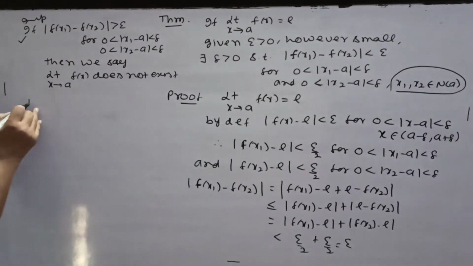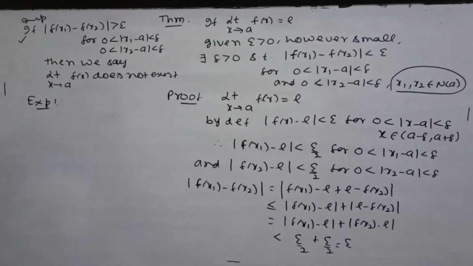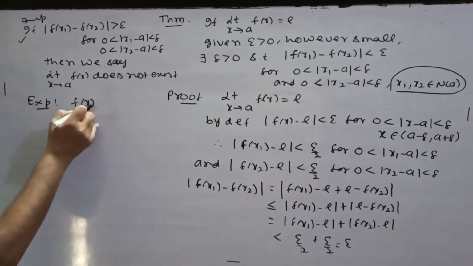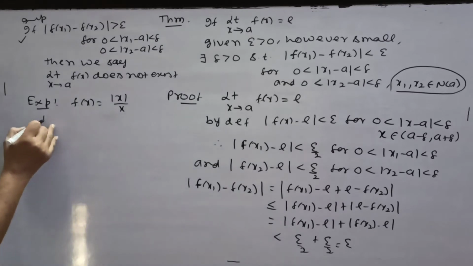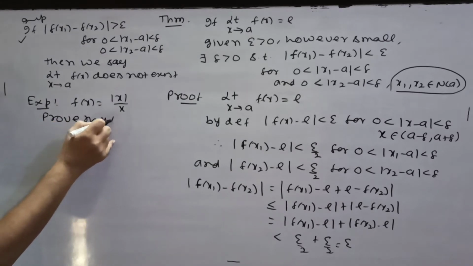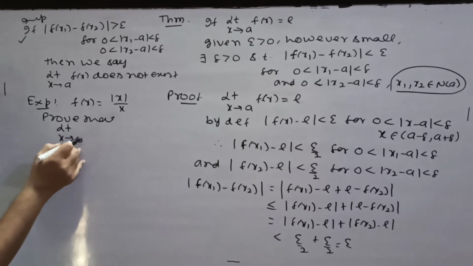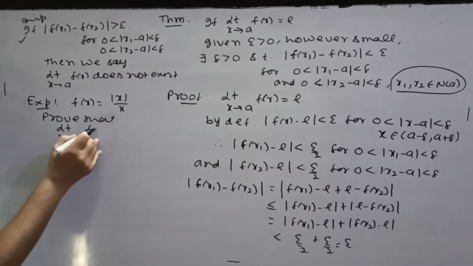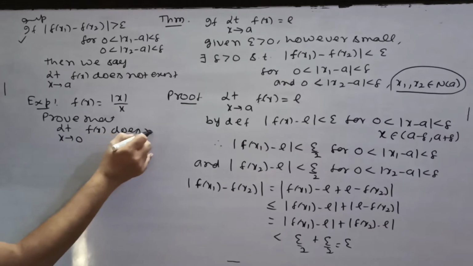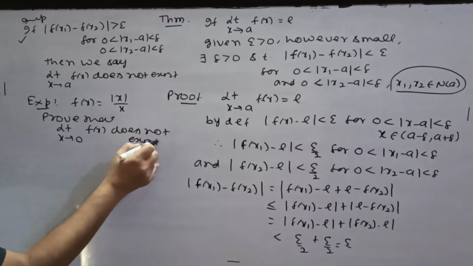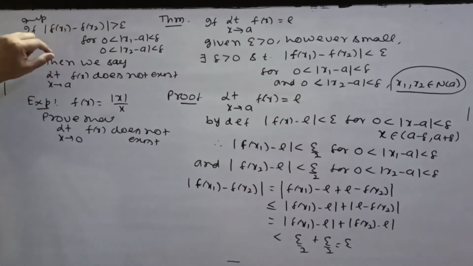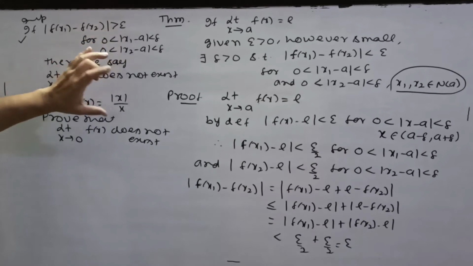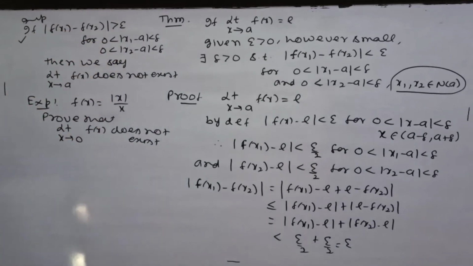Example 1: f(x) = |x|/x. Prove that the limit as x tends to 0 of f(x) does not exist. So we use this theorem, this result. We prove this is greater than epsilon, then the limit does not exist.